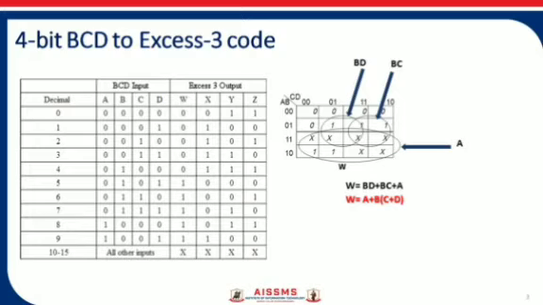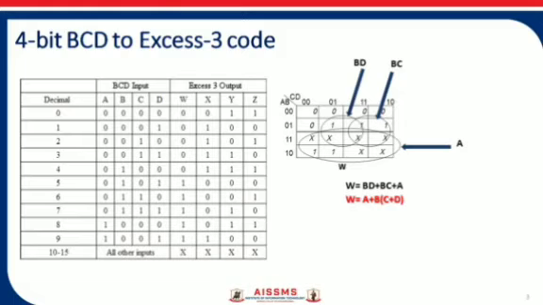But as we know, the BCD maximum is 9, so numbers above 9, that means 10 to 15, are invalid in BCD. As per that, the truth table is shown here. How to calculate the XS3, we already discussed.